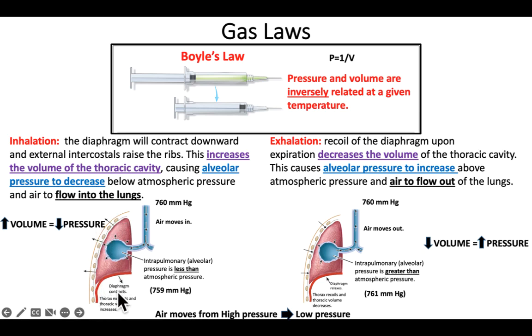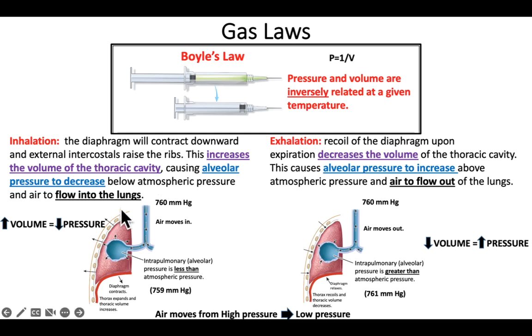It's going to drop. That's going to make the chest larger. Here's the external intercostals. They're pulling these ribs out and up, and that's going to make the chest larger. So respiratory muscles, these muscles are going to contract to increase the volume of the thoracic cavity. Whatever the thoracic cavity does, your lungs will do.